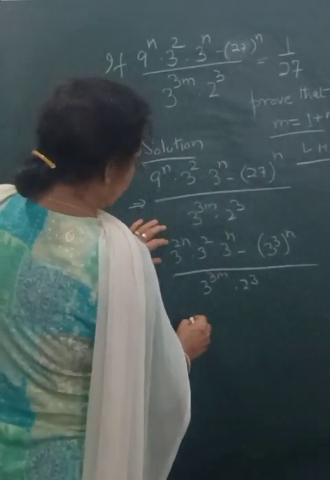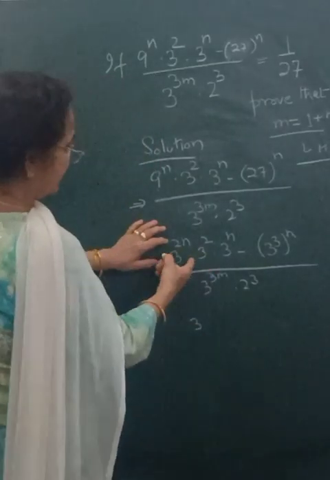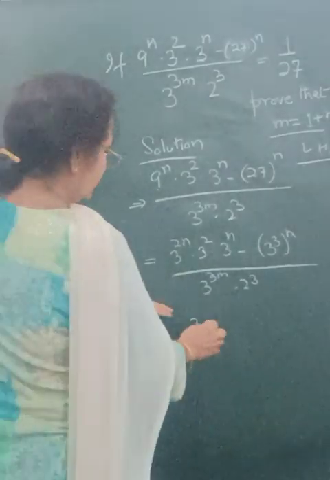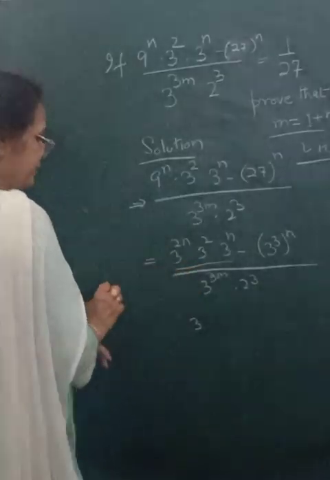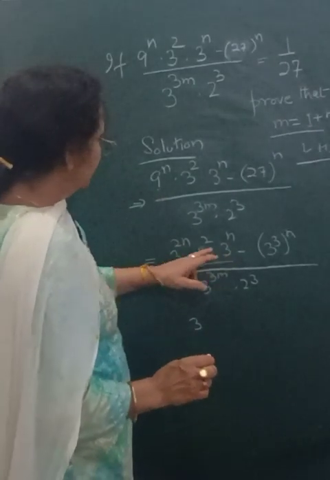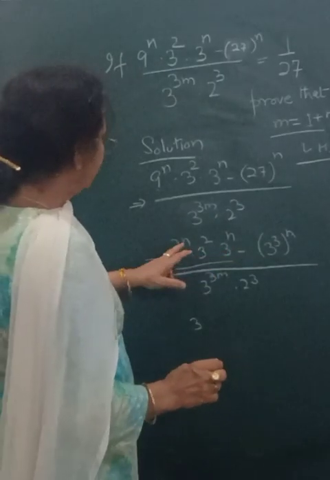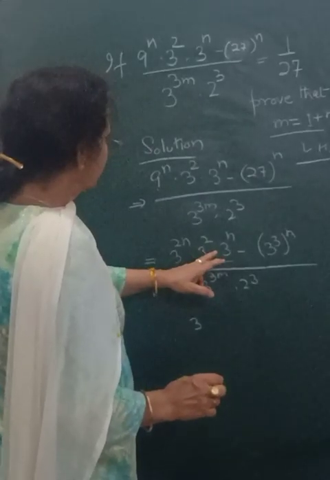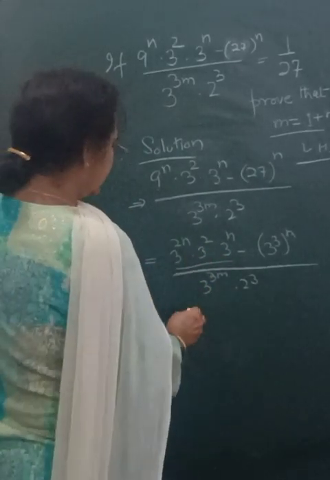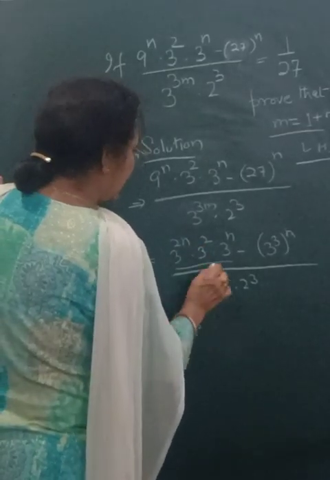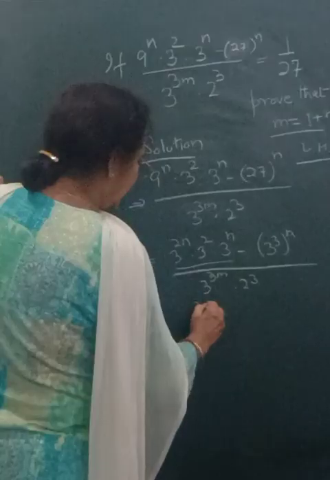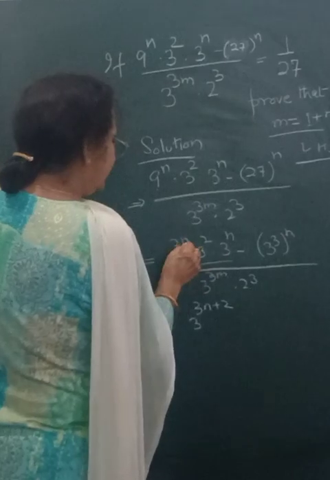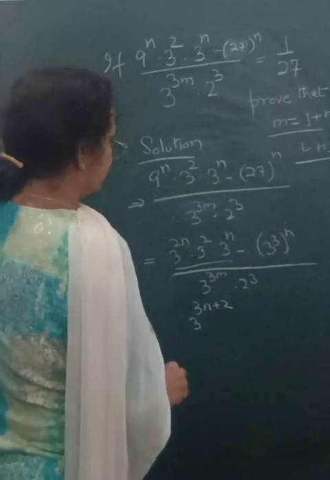Hence all three terms having the base 3 can be converted to a single base, and in the form of a product the powers will be added. 2n plus 2 plus n is equal to 3n plus 2.